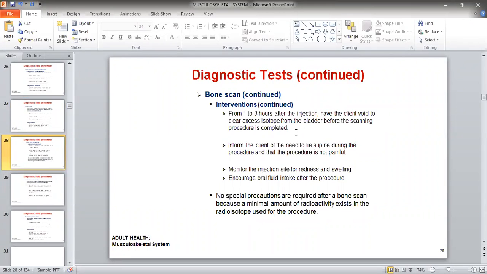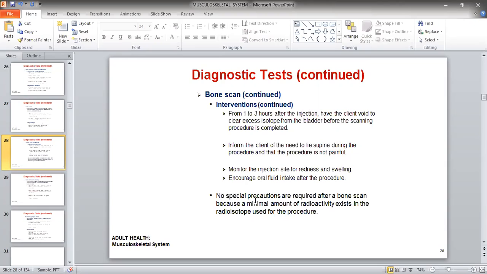Inform the client to lie supine during the procedure, and make sure it is not painful. Monitor the injection site for any inflammatory change, redness, swelling, tenderness, or fever. Also encourage oral fluid intake so that the radioactive substance is expelled out.